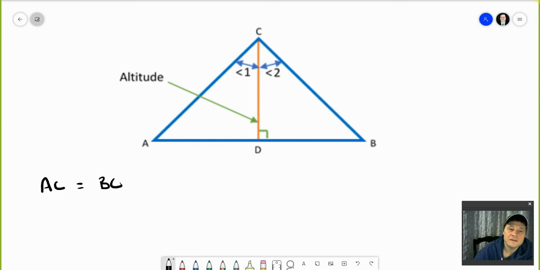AC is the exact same length as BC. And angle A is the same as angle B. So that's what will make this triangle isosceles, right?